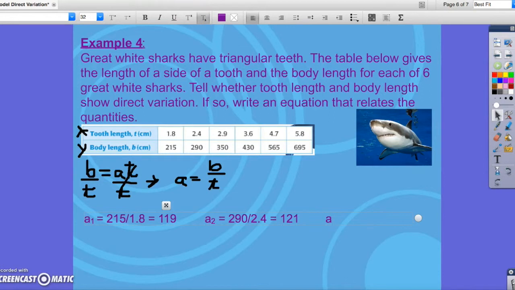So we're going to do the same thing again where we're dividing each of them. So A3 will be 350 divided by 2.9, which equals about 121.